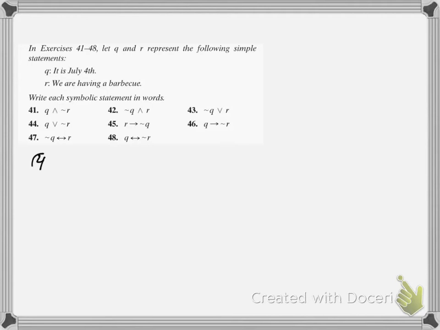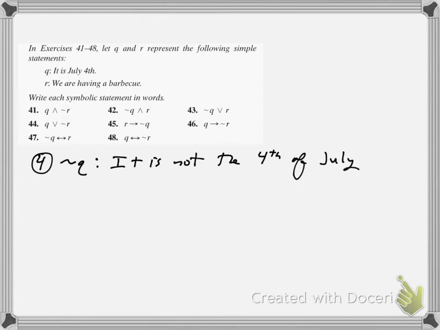Not Q. Let's first figure out what not Q is. Not Q would be, it is not the 4th of July, right? And then R, the statement R, which is my other statement that's in here, R and not Q are my two statements.